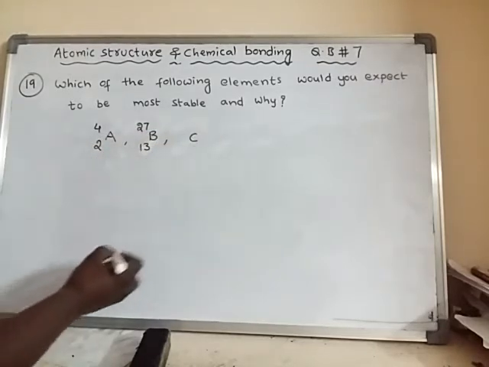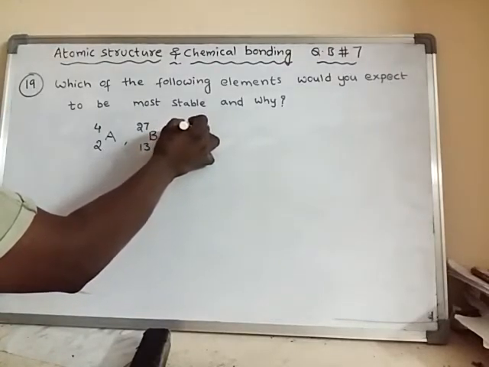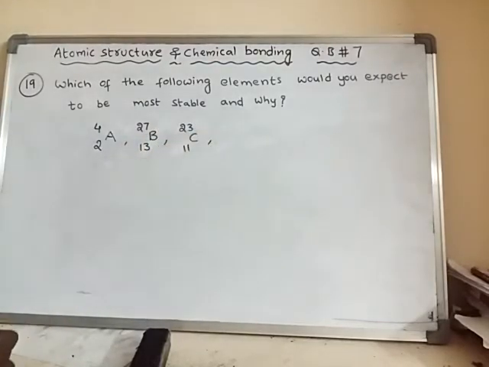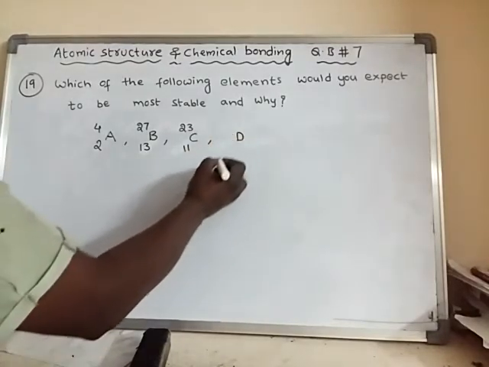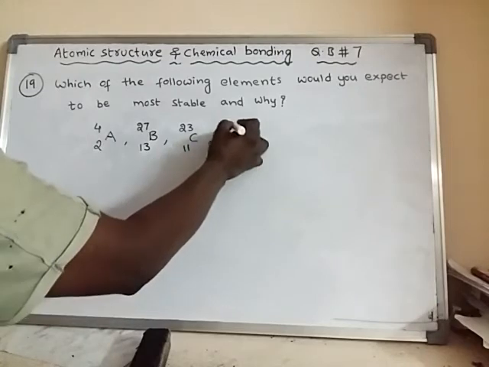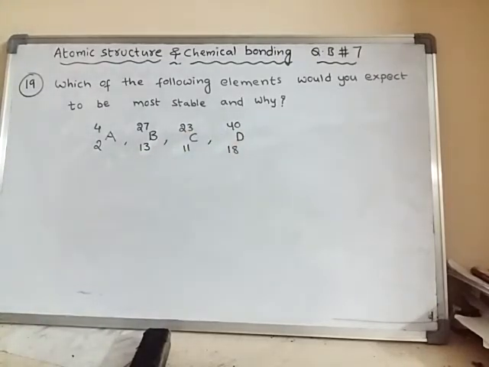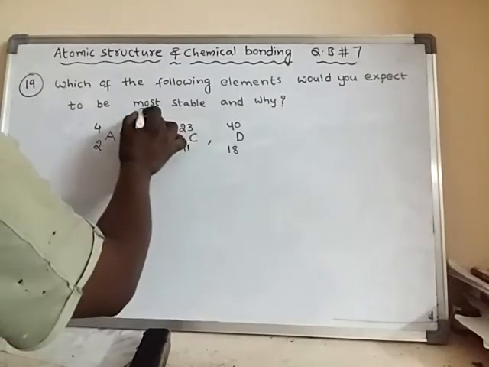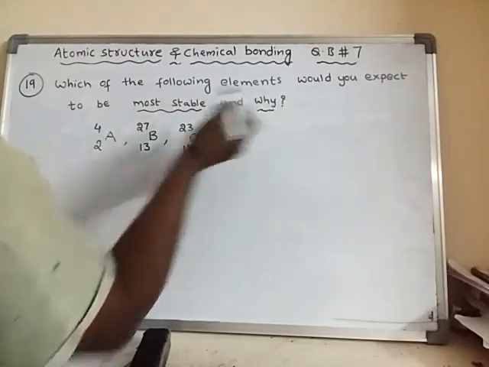Element C, its atomic number is given as 11 and mass is given as 23. Element D, its atomic number is given as 18 and mass is given as 40. So here we have to identify which one is most stable, and we have to give the reason why.